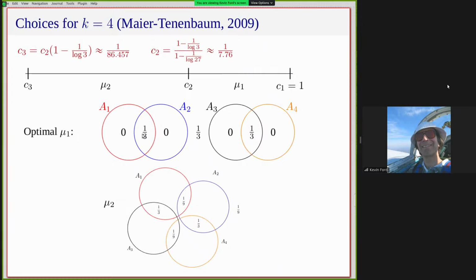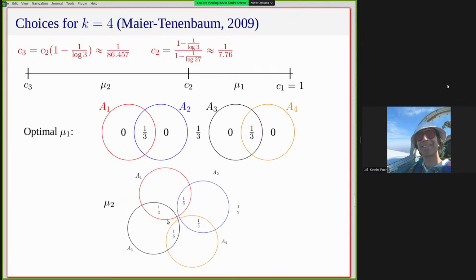We'll take 1/3 in this intersection, 1/3 in that intersection, somehow thinking of these two sets as being glued together, and 1/3 outside. But the interval C2 to C1 is much smaller than they had before. The interval C3 to C2 is exactly the same size they had before. It has a ratio. The ratio is 1 minus 1 over log 3.